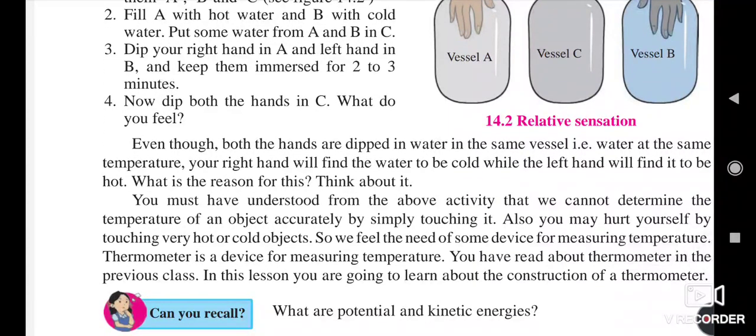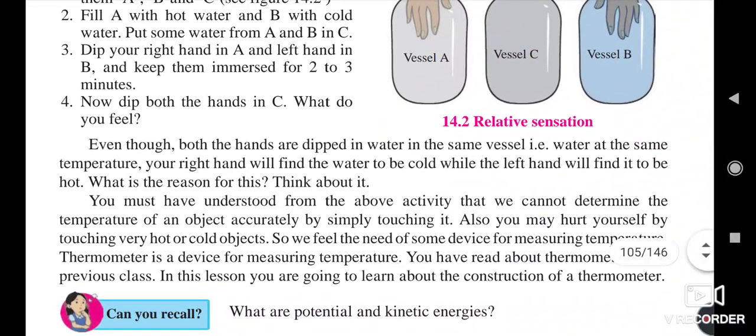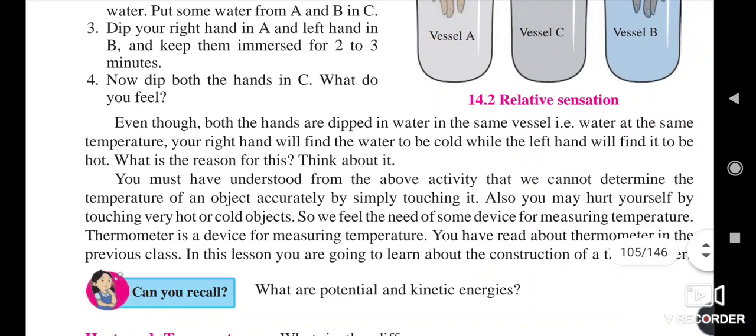We must have understood from the above activity that we cannot determine the temperature of an object accurately by simply touching. Also, we may hurt ourselves by touching a very hot or cold object.